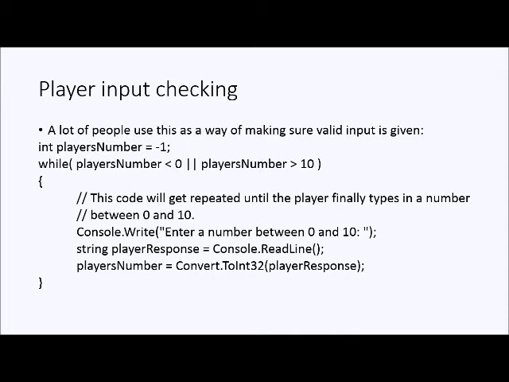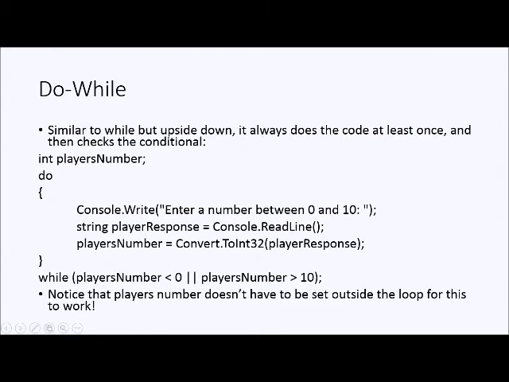So in other words, while the user is entering -1 or lower or 11 or higher, we say no, that's not a number between 0 and 10, so keep reading it. So do a Console.ReadLine, convert that to an int, try again, and keep doing it. That's what we call input checking, and that's a very common way to use a while loop, and it's something you can use in your assignments.